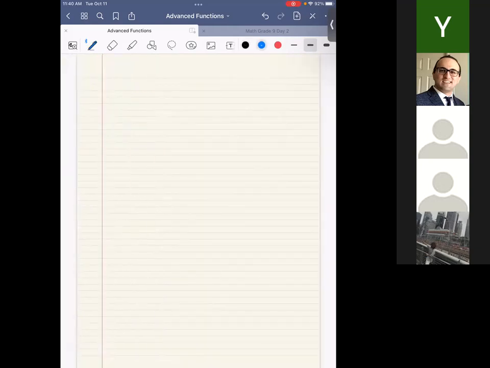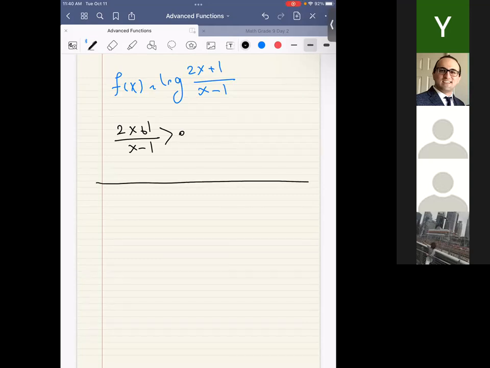And for the next part, f of x is equal to log of 2x plus 1 over x minus 1. Again, because the domain of log is positive numbers, 2x plus 1 over x minus 1 has to be positive. So now you have a new inequality to solve, and we discussed this a lot: you just make a table.